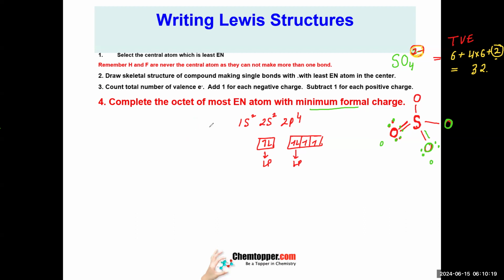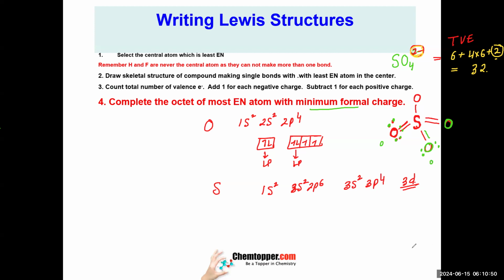This is oxygen; sulfur is 1s2, 2s2, 2p6, and the outermost shell is 3s2, 3p4, but 3d vacant orbitals are lying there, so you can excite all the electrons. So how many maximum bonds can sulfur make? 6. But if I make a double bond, don't you think it's more than 6?